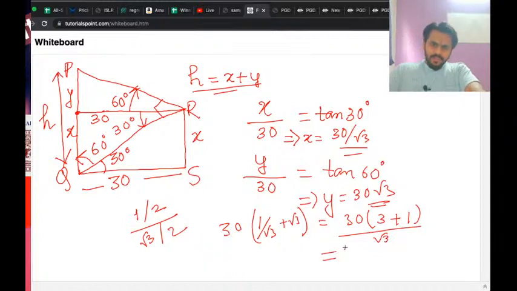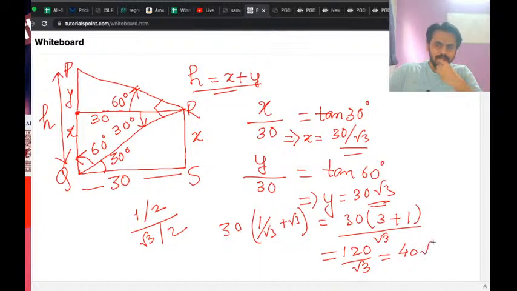So this will become either 120 by root 3, or I can say this is 40 root 3, because I can just simplify it further.